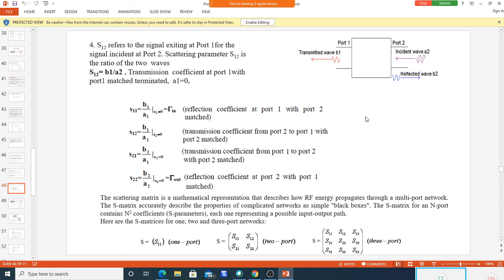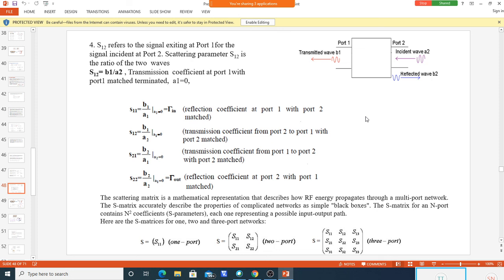At RF and microwave frequency, we are not using voltage and current measurement, so we measure these S parameters. You take a low pass filter and measure S11, S21, S12, S22, all these four parameters. By looking at the values with respect to frequency, you can come to know whether it is behaving like a low pass filter or not.